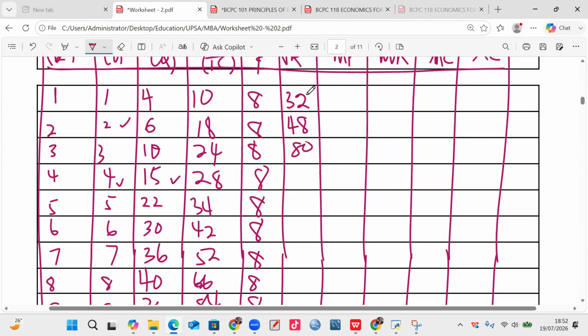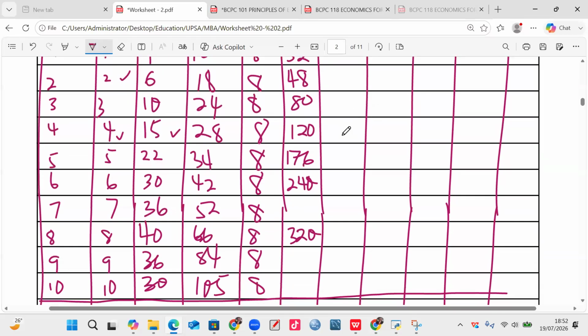120. So now let's do the remaining. So pick 8 times 22. 176. Then 8 times 36. 288.